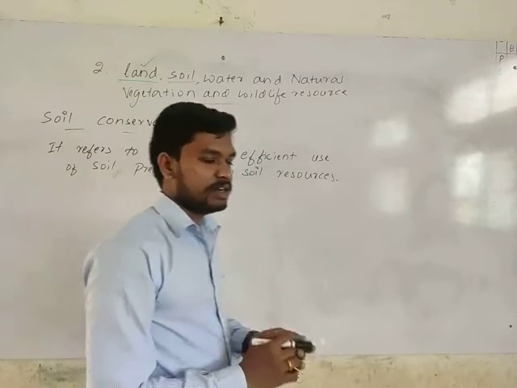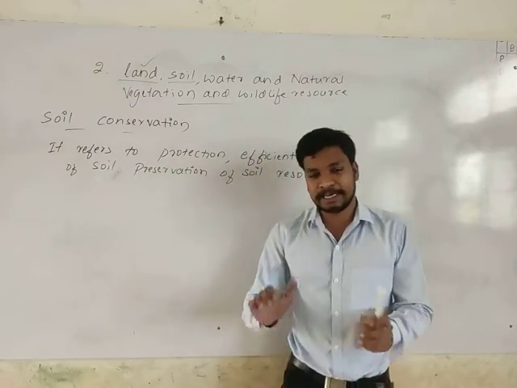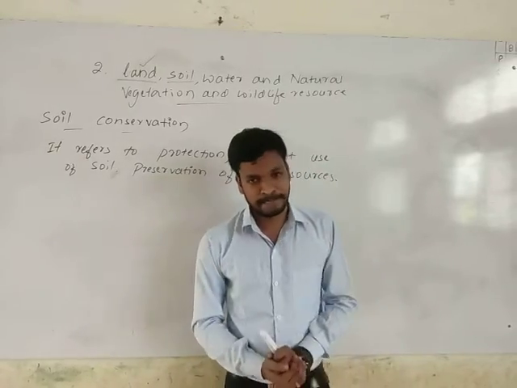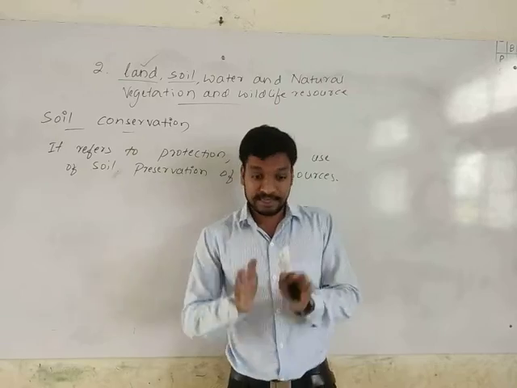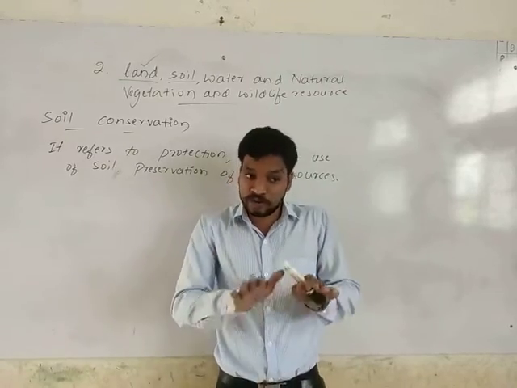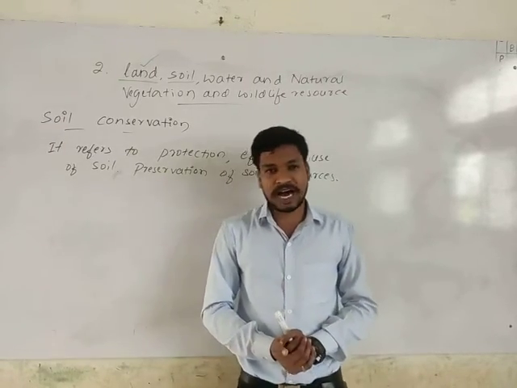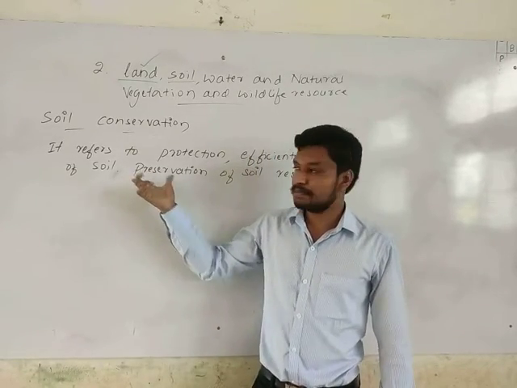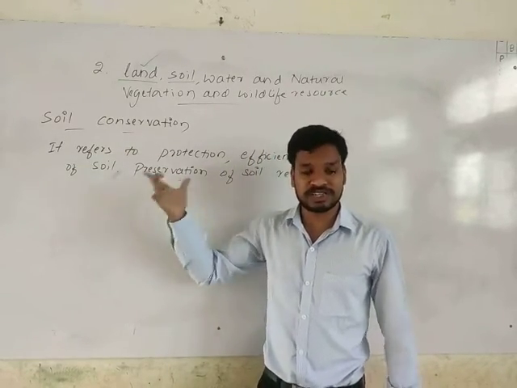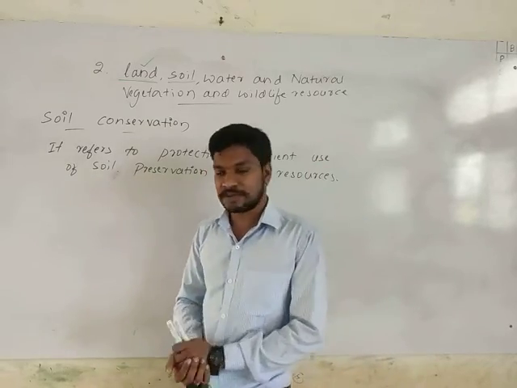Preservation and limited use of soil resources, because soil is limitedly available on the earth's surface. Soil and land are limited, and fertile, very good soil is even more limited. We don't have unlimited availability of soil. For that reason we should have preservation, protection, and efficient, judicious use of resources.